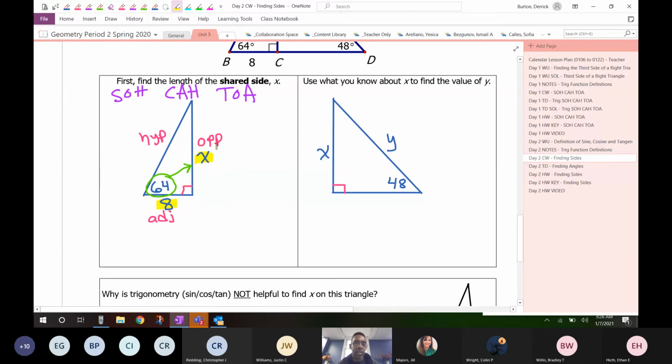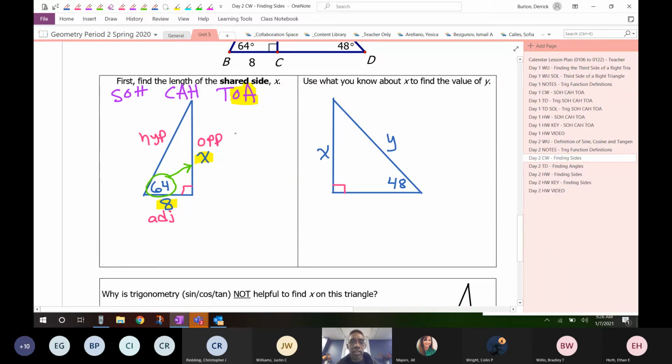That is opposite and adjacent. So you ask yourself, which one of these three trig functions involves opposite and adjacent? Well, that's right here. That's the tangent function. Tangent is opposite over adjacent. So let's go ahead and use the tangent function.